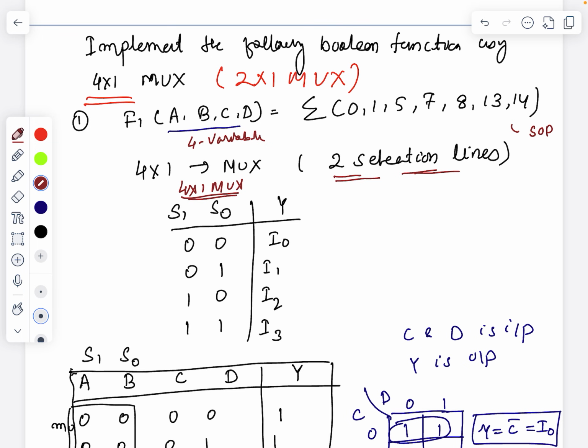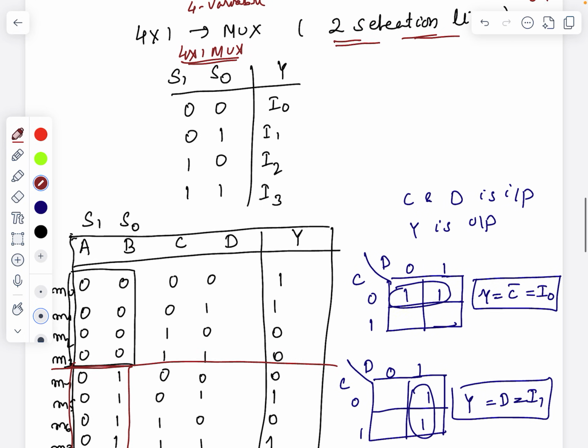Now we need to remember this table and go on to solve this numerical. In this question they have given four variables A, B, C, D, so I get 16 possible combinations.